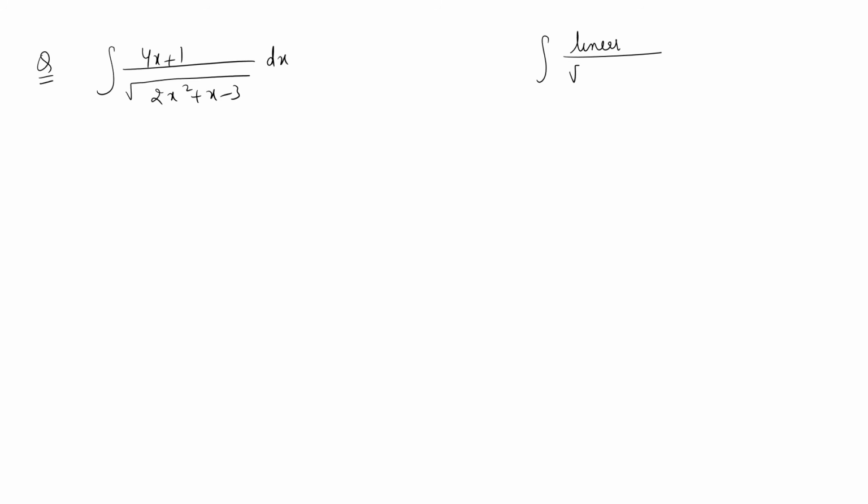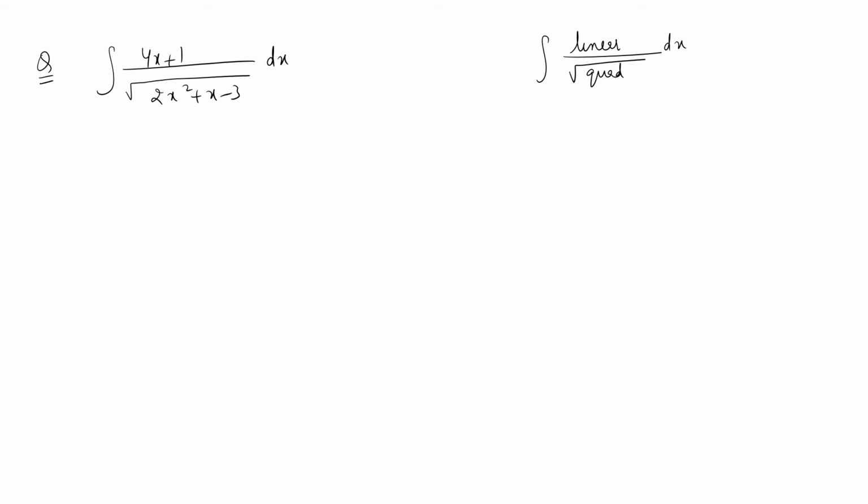so question number 16 is integral of (4x plus 1) upon under root (2x square plus x minus 3) dx. Just by viewing it, I can understand that it is of the form linear upon under root quadratic.